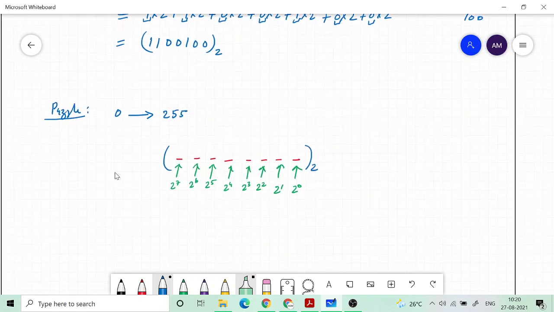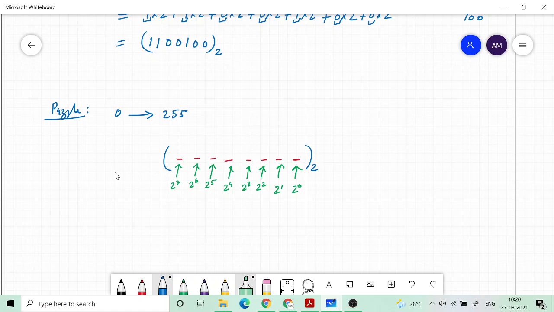Can anybody tell how to ask the questions, yes or no questions, such that with 8 questions I will be able to figure out the binary number? If I know the binary number, then I can say the decimal number. Anybody? I will give you a chance.